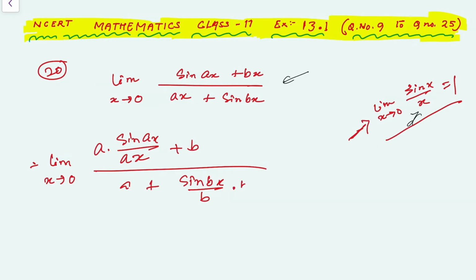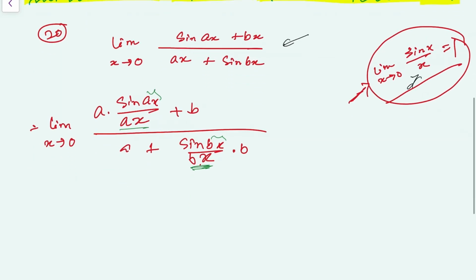Here also you can multiply b, and here also you can multiply, sorry, it's supposed to be x, isn't it? x. So here also you can multiply b, in order to obtain this form. Now here you see there is ax, and here it is sin bx, so the denominator is also bx.